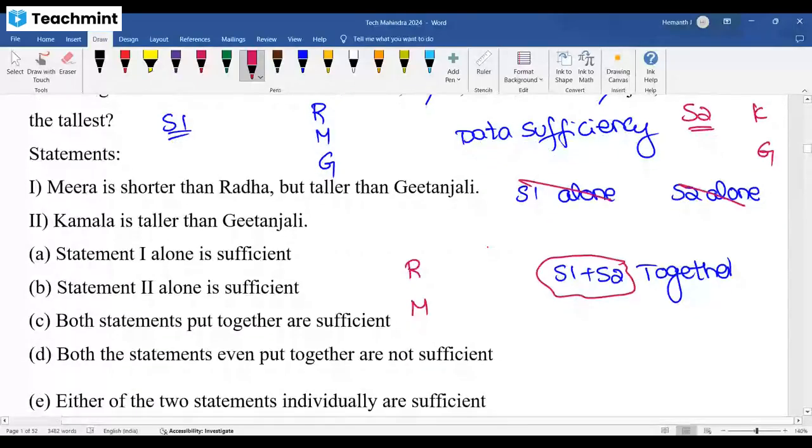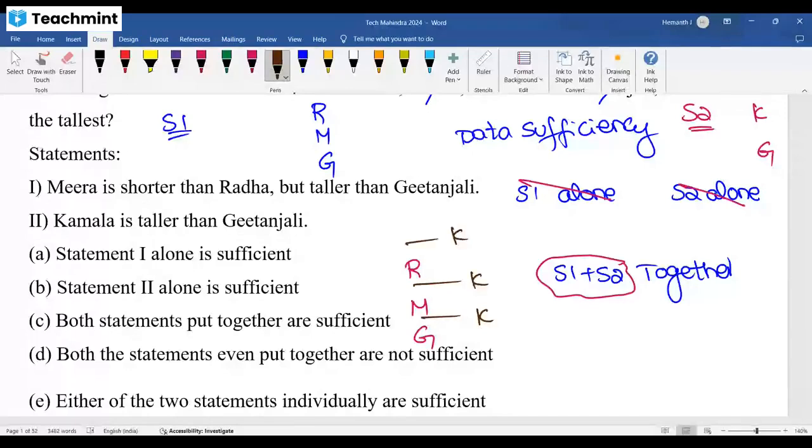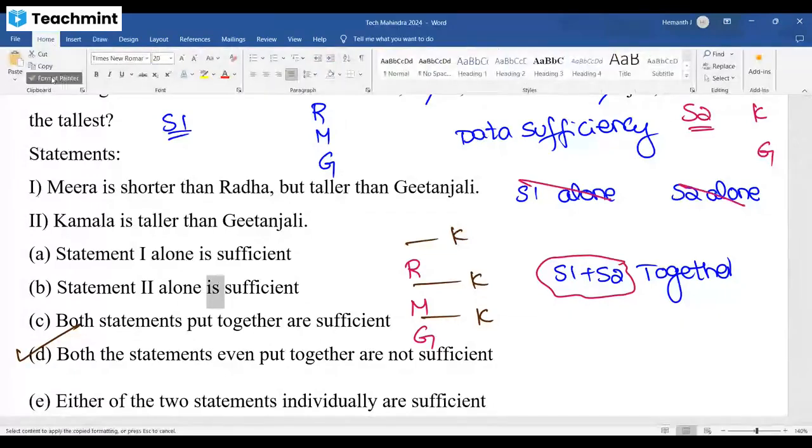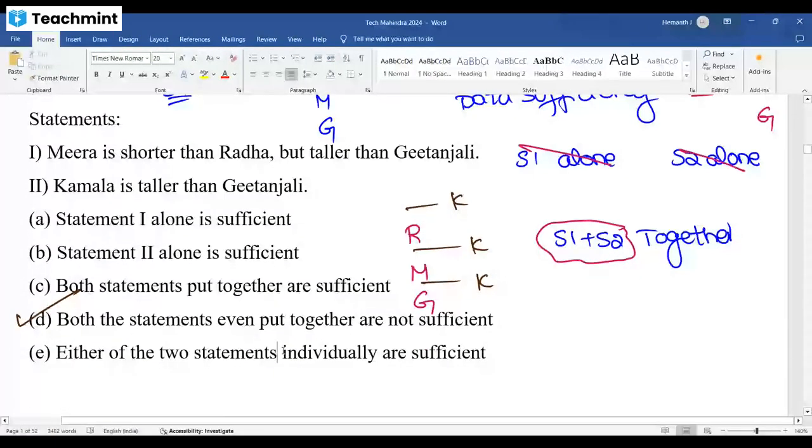Using statement two, Kamala is taller than Geetanjali. Kamala can be here, here, or here. So it can be Radha tallest or Kamala tallest. Both together is not sufficient. You observe there is an option: both together not sufficient. Guys, both together not sufficient should be your answer.